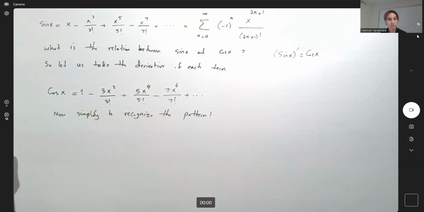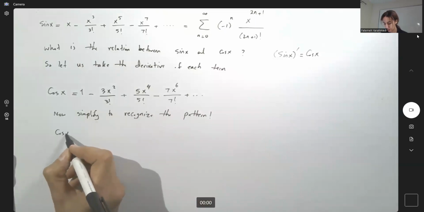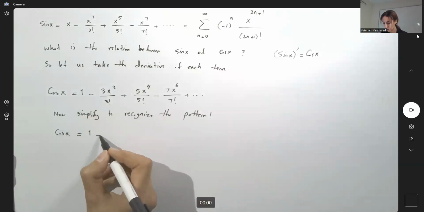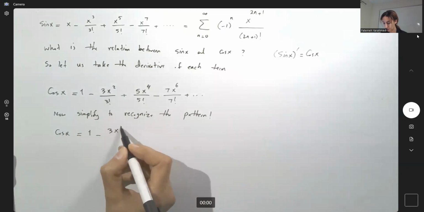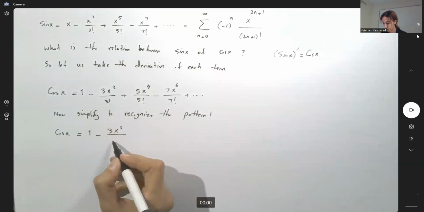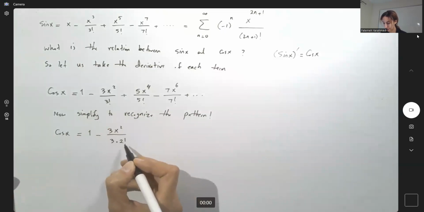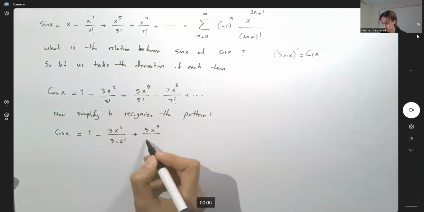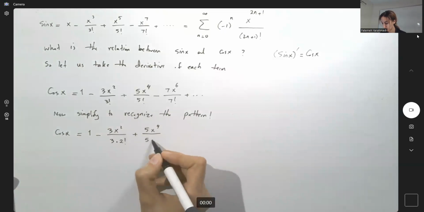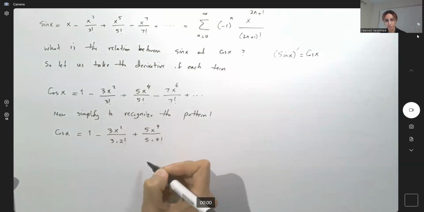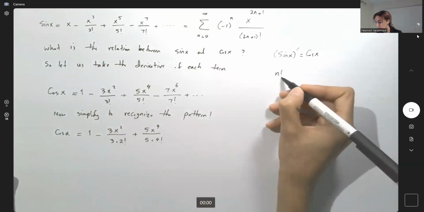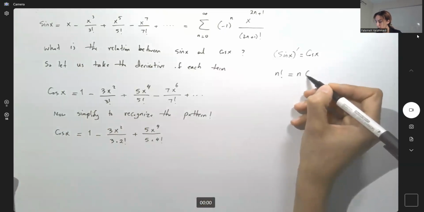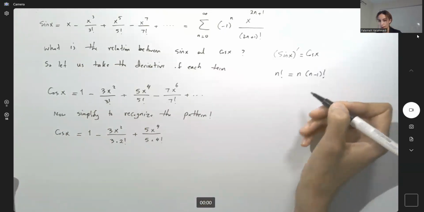Ooh, that is interesting. So cosine on the left-hand side is equal to 1 minus 3x squared divided by 3 factorial, which is 3 times 2 factorial, plus 5x to the fourth divided by 5 factorial, which is 5 times 4 factorial. Remember that n factorial can be written as n times (n minus 1) factorial.